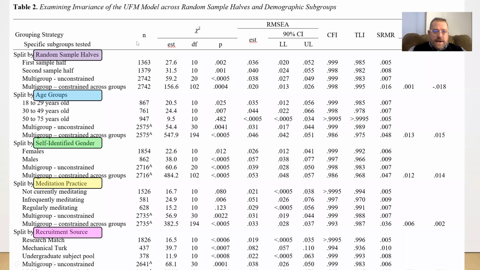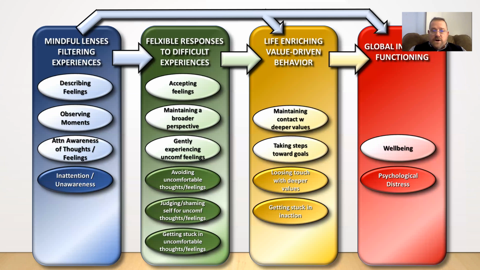Since we had a sample of 2,700 people, we did a random sample split, and we ran the model in both sample halves and got shockingly similar results. No particular surprise, and so we essentially cross-replicated our own findings, which is great.